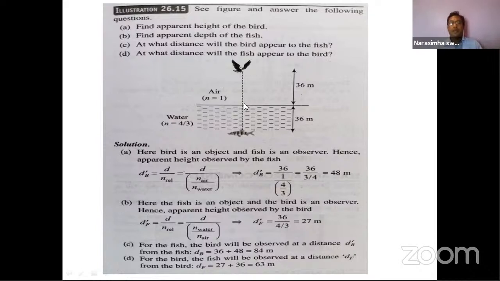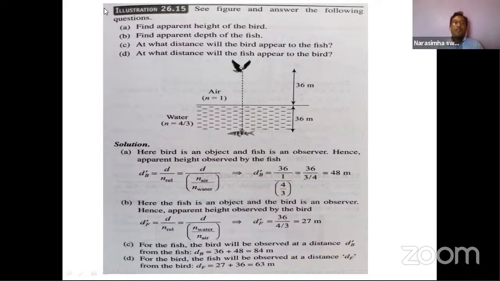The bird is at a height of 36 meters from the surface, and the fish is at a depth of 36 meters, and both are in the same line of action. This is the situation.